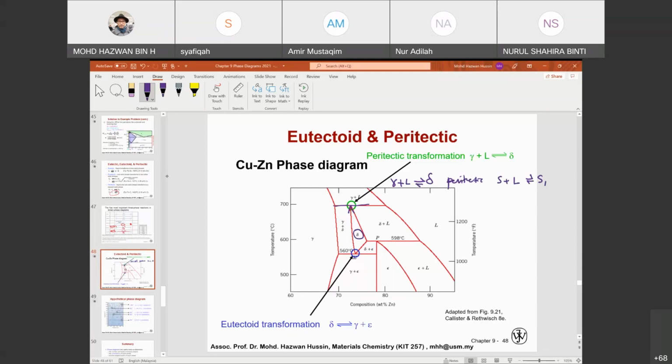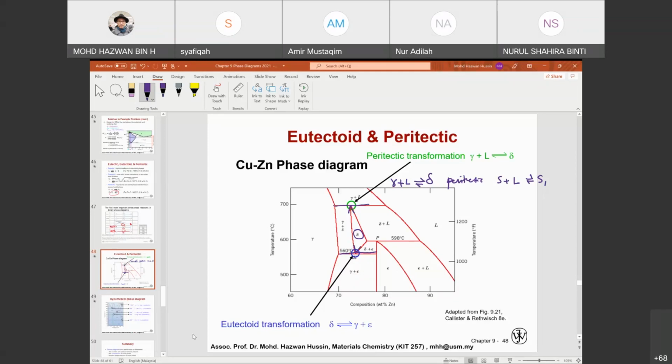Over here we see eutectoid. Dia cakap eutectoid sebab we still observe a horizontal line, and then we have a phase boundary here, located on top. Atas dia apa? Dia punya reaktan dia apa?